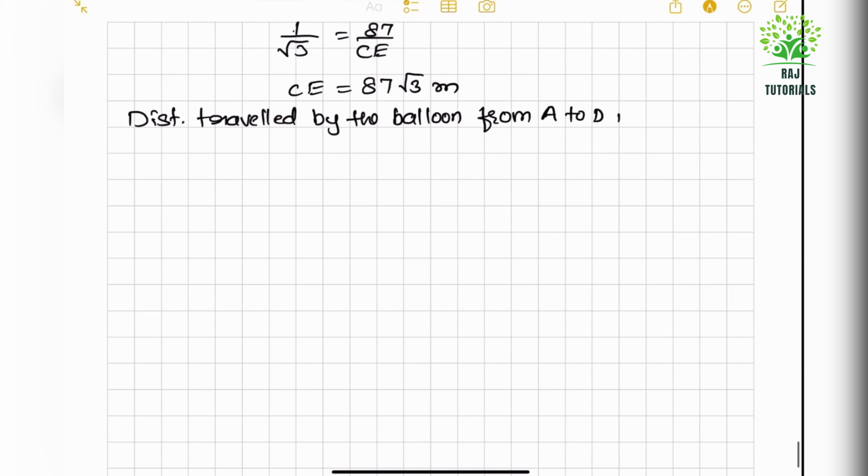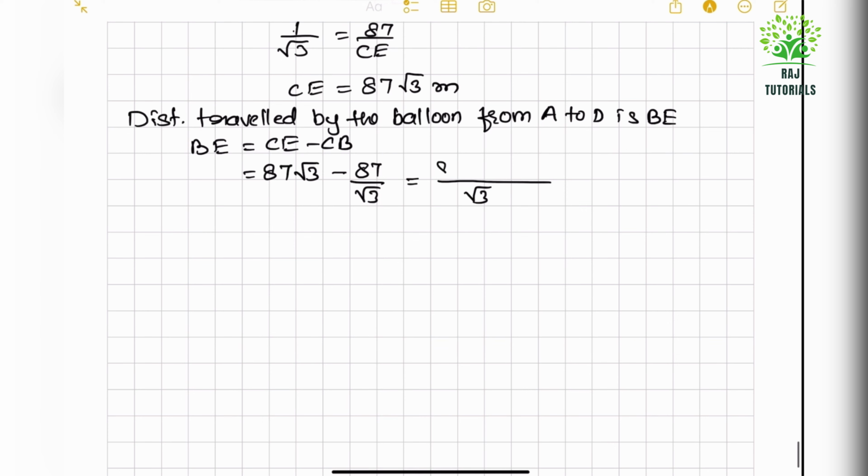Now distance travelled by the balloon from A to D is BE. So BE equal to CE minus CB. So that is 87 root 3 minus 87 upon root 3.